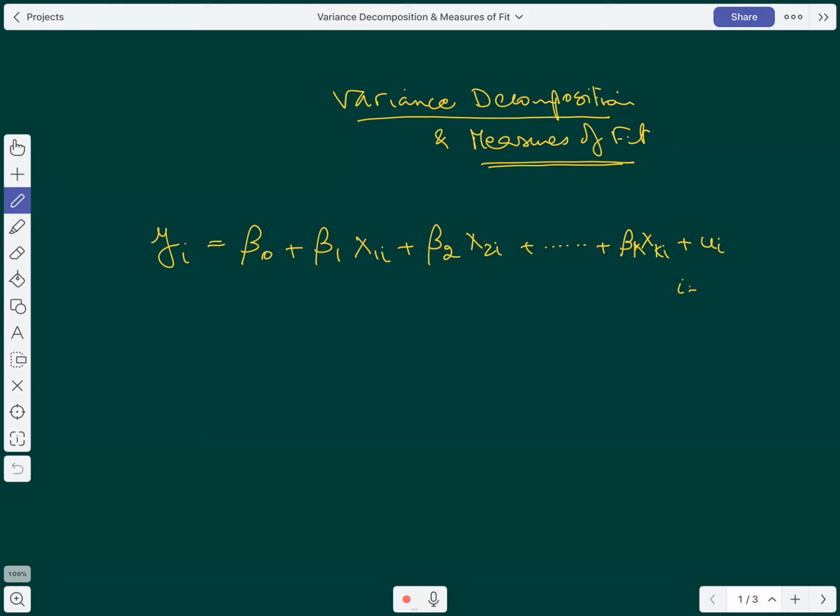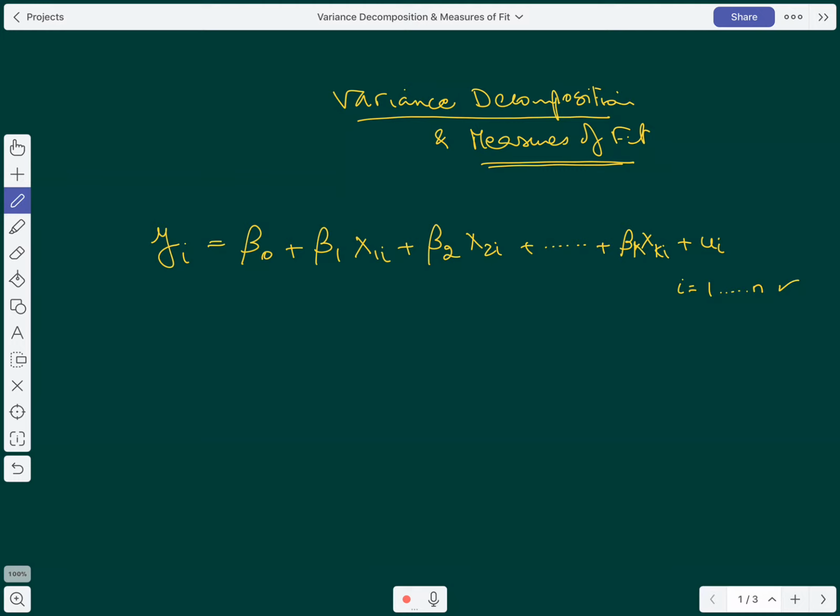And we say the sample goes from the first observation all the way to the nth observation, and we have k coefficients, so the x's go to k variables and we have n observations, so we will keep repeating this equation n times. So this is a multi-regression model.